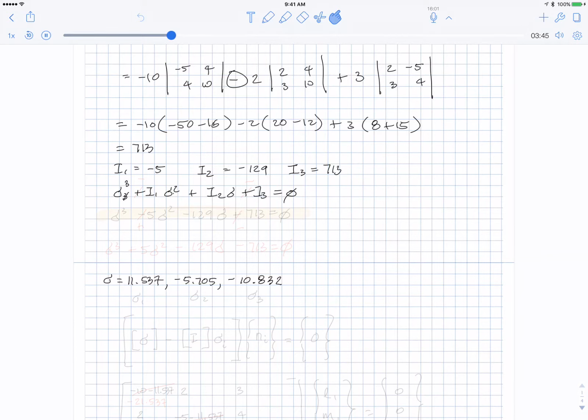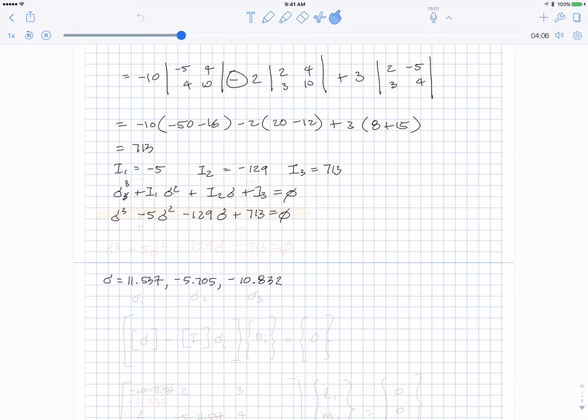If you plug it in, it's sigma cubed minus 5 sigma squared minus 129 sigma plus 713 equals 0.